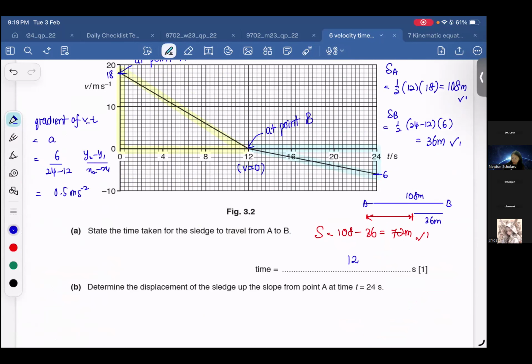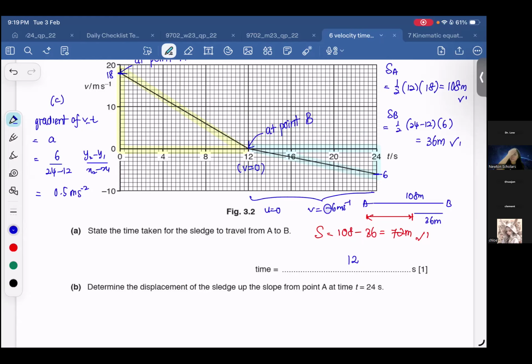From here to here, the velocity is actually u equals 0. The final is actually negative 6 meter per second, but the negative is just showing direction. The actual value for the speed is 6. Get it? So this is the last part. It proves that acceleration is 0.5.